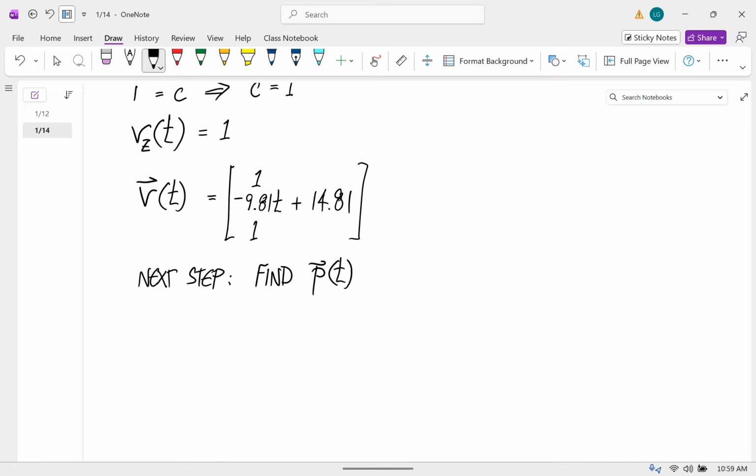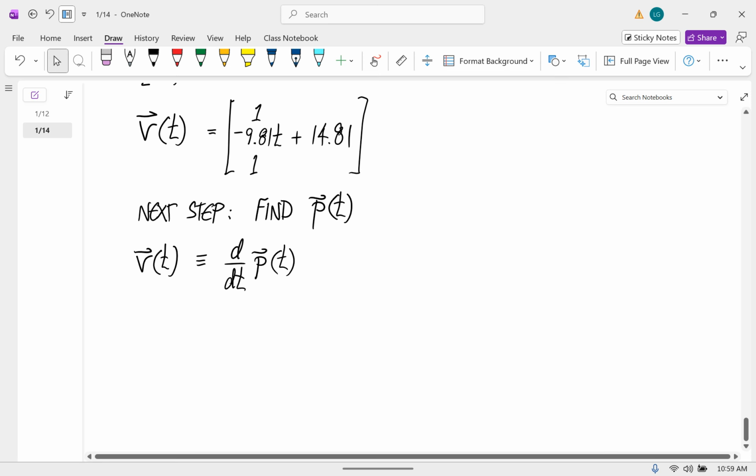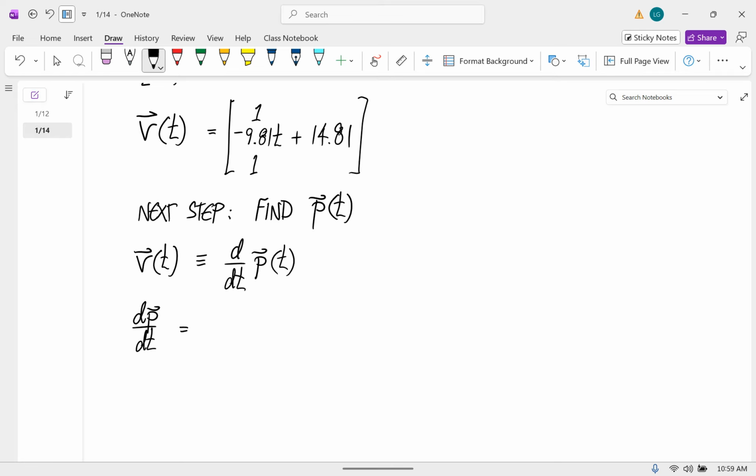Well, we know that this is the velocity function, and the velocity as a function of time is defined as the time derivative of the position. So we can say that dp dt is equal to this thing.